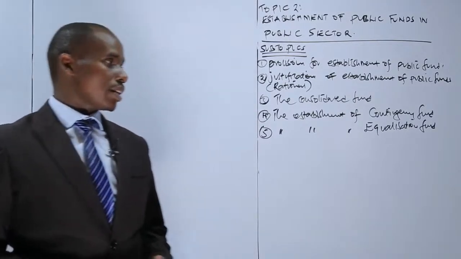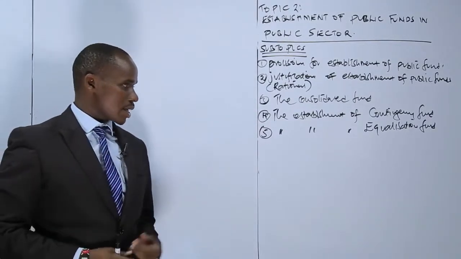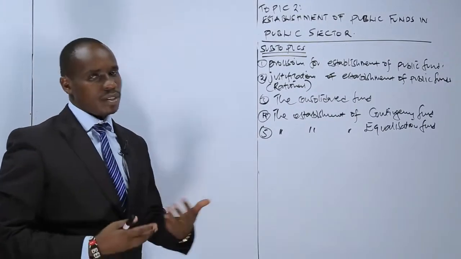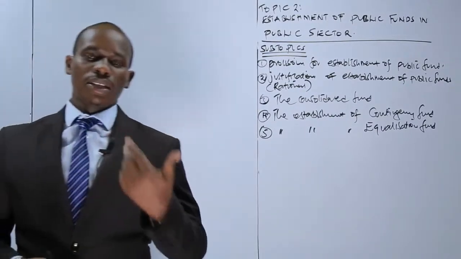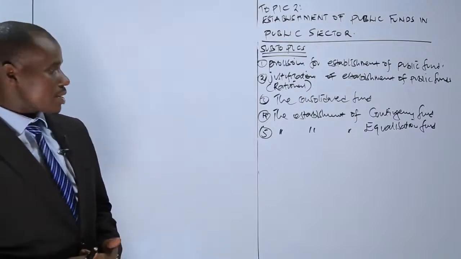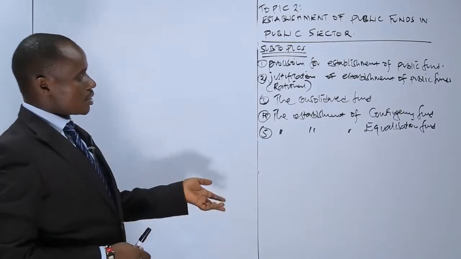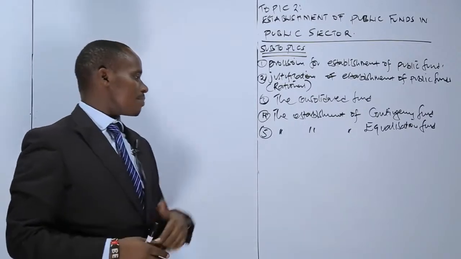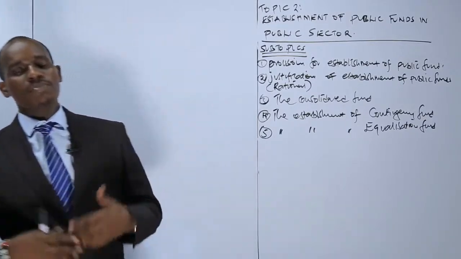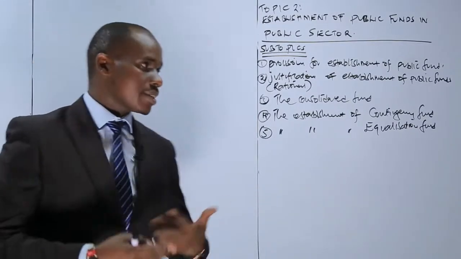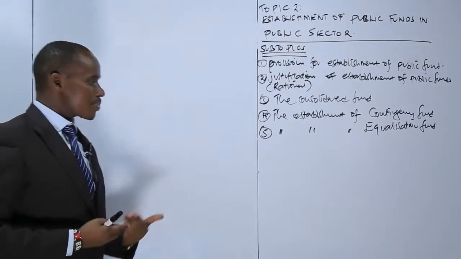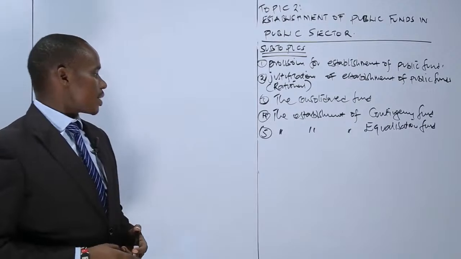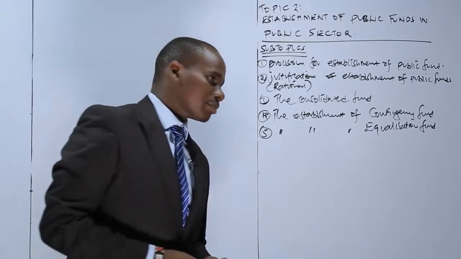In Kenya, we have 47 counties, and some of these counties are not well developed. In fact, some of the areas are marginalized, and therefore we create the equalization fund so that we can allocate these marginalized areas more money, to make them grow and attain the level of other developed counties.